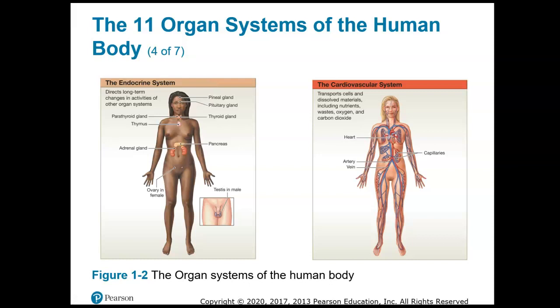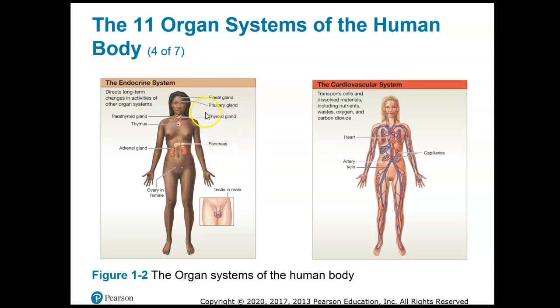It helps to control the other body systems, where the nervous system does it through neurotransmitters and electrical impulses. The endocrine system does it through hormones that travel through the blood. The responses of the endocrine system are long-term changes. They tend to take a longer time to act, but they last longer as well than the nervous system.